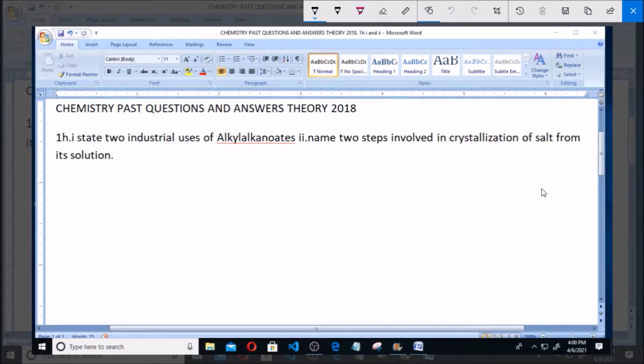Now let's see the answer as it is written here. 1H from figure 1.